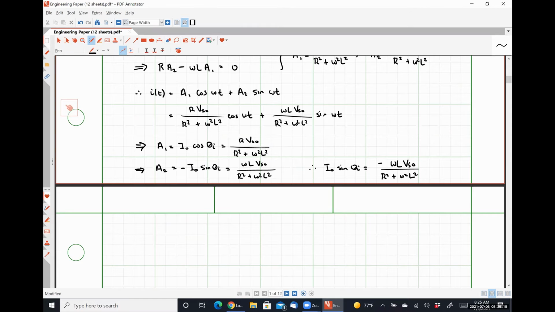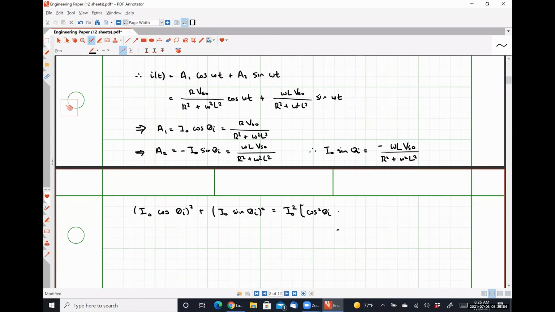For example, I could say that I naught cosine theta I squared plus I naught sine theta I squared would be equal to I naught squared times cosine squared theta I plus sine squared theta I, which is then simply I naught squared, right?